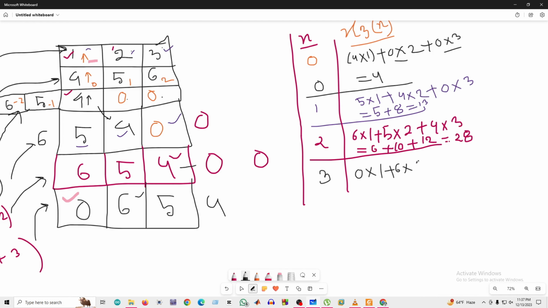So 6 times 2 plus here is 5, and there is 3. So this is basically 5 times 3. So here is basically 0, and here is 12, and here is basically 15, right? So 15 plus 12 is basically nothing but 27, right? So this is basically 27.